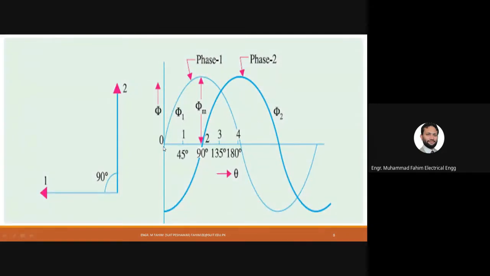Look at over here, this is the 0 point. Phi 1 is 0, but look at over here, phi 2 is a maximum value.